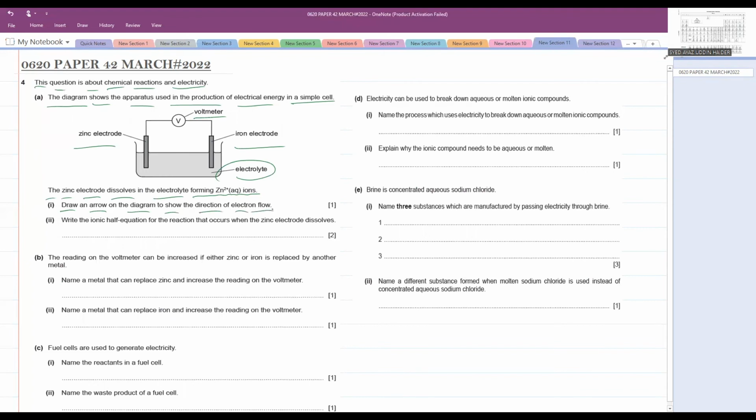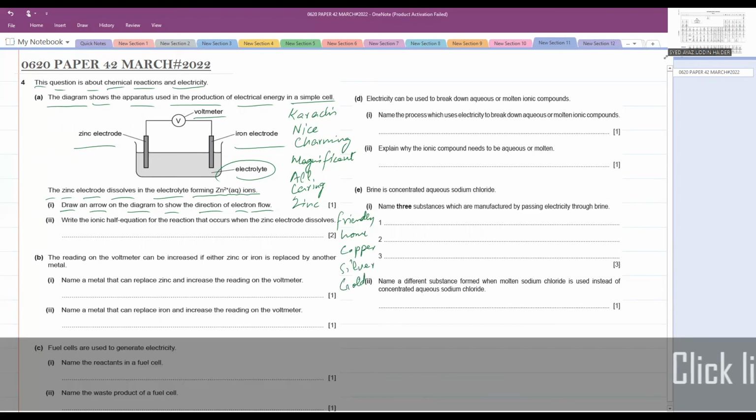So you have to remember the reactivity series. You can remember this with a mnemonic, going down through zinc, iron, copper, silver, gold.